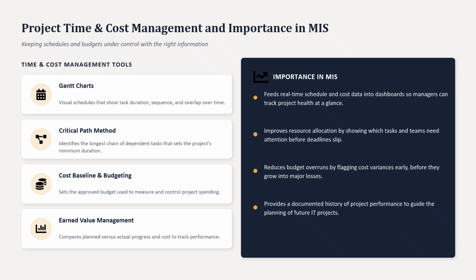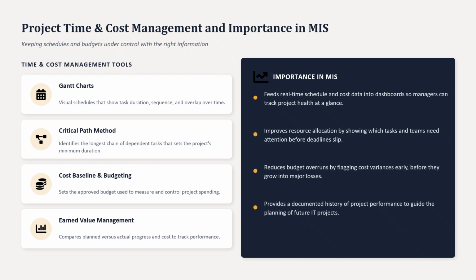Okay, let's look at the time and cost management tools. Gantt charts are visual schedules that show task duration, sequence, and overlap over time. The critical path method identifies the longest chain of dependent tasks that sets the project's minimum duration.